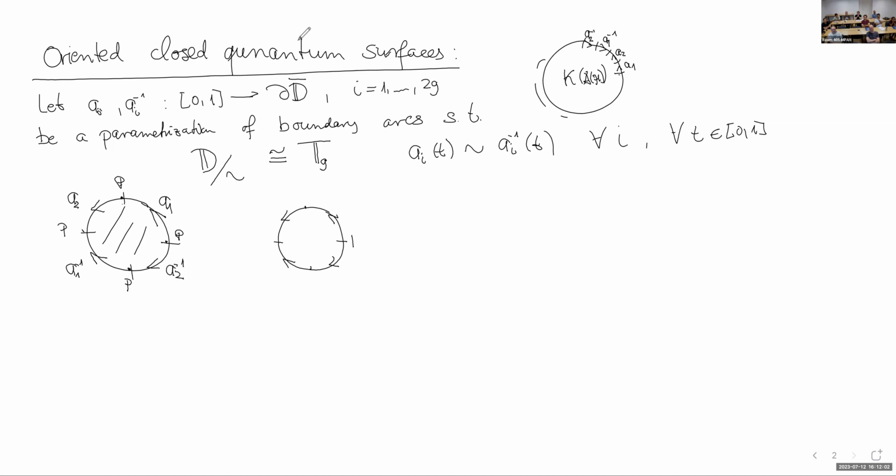Now I can call this the starting point of this arc, I call this A1, and in my notation I put A1 minus 1, A2, A2 minus 1. So the number of arcs and the orientations are the same. Now this one I call P, and I force this one to be P.